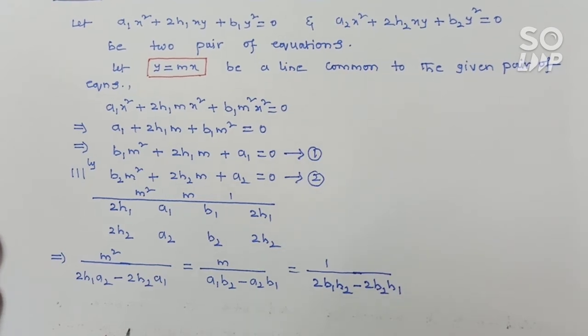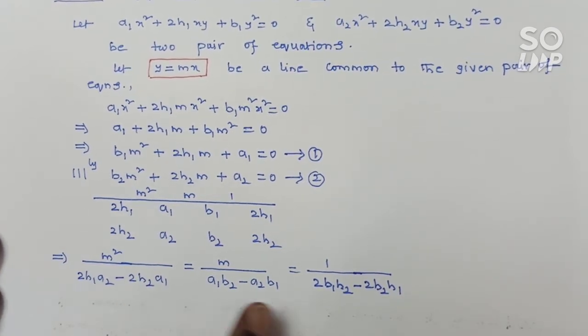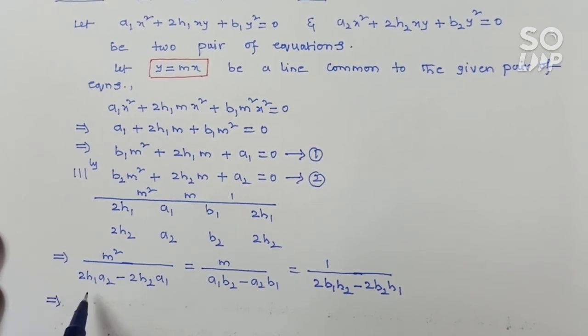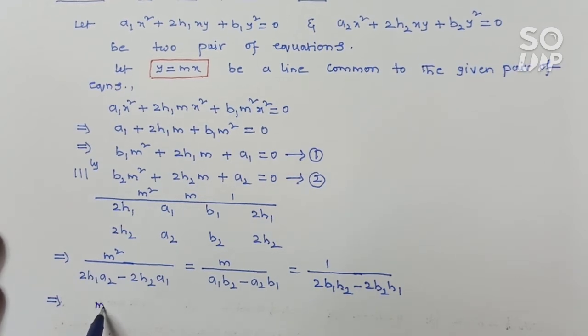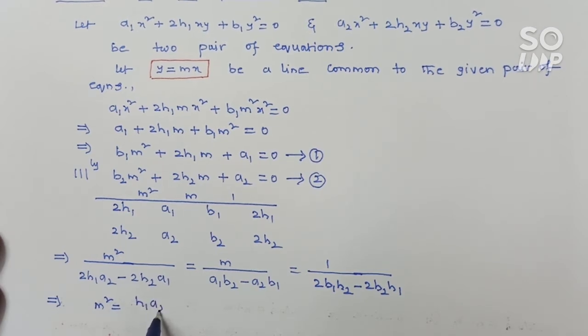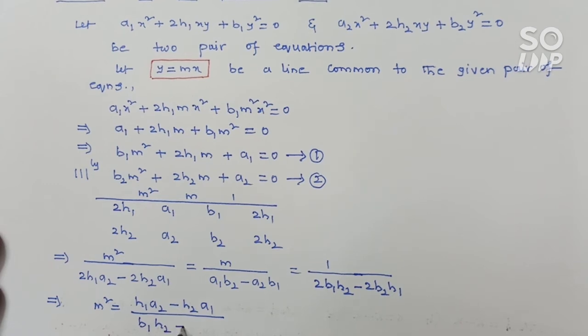Right? After that, by equating the first ratio and the last ratio, you will get the m square value. In the first ratio denominator you take 2 as common, and in the last ratio also you take 2 as common. M square is equal to H1 into A2 minus H2 into A1 whole divided by B1 into H2 minus B2 into H1.